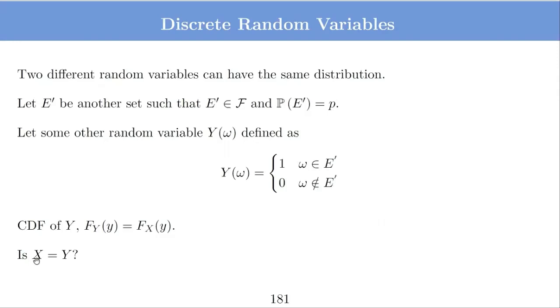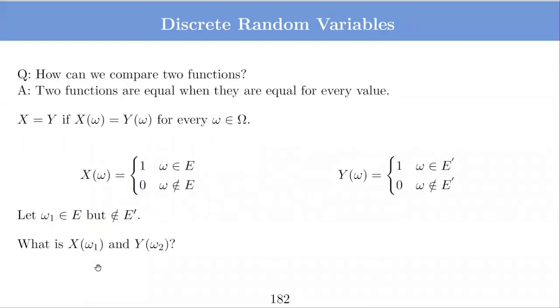Again, x and y are both functions. So before we can say that they are the same or not, we have to understand what equality of functions means. Okay, so how do we compare two functions? Suppose I give you sin x and cos x and ask you, are they equal? So how do we find out?